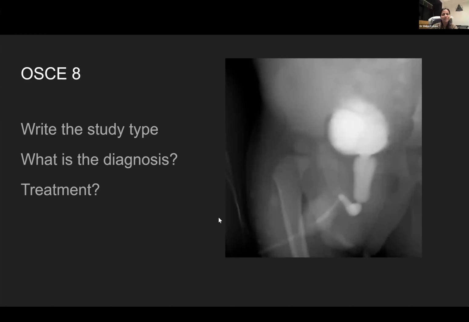What is the treatment? If this is an 800 grammer, then what would be the treatment? And if this is a 2 kg baby, what would be the treatment?